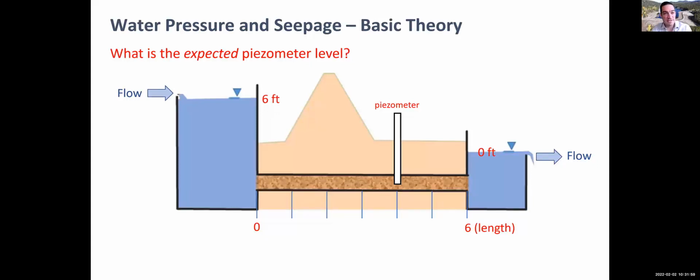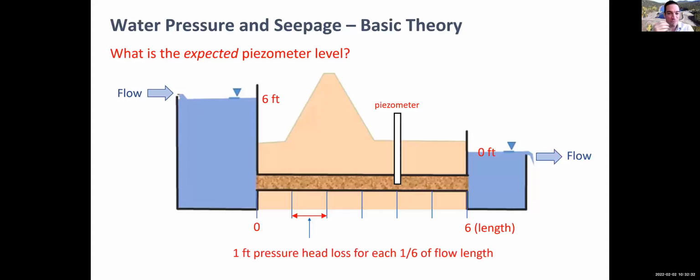In this case, it's a very simple situation. The phreatic surface is quite linear, and we have 6 units of length from the upstream side of the dam to the downstream side of the dam. And coincidentally, we have 6 feet of head. So as that goes down, can anyone tell me what the piezometer level is?